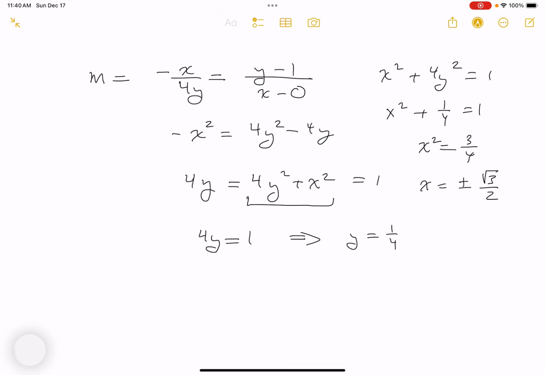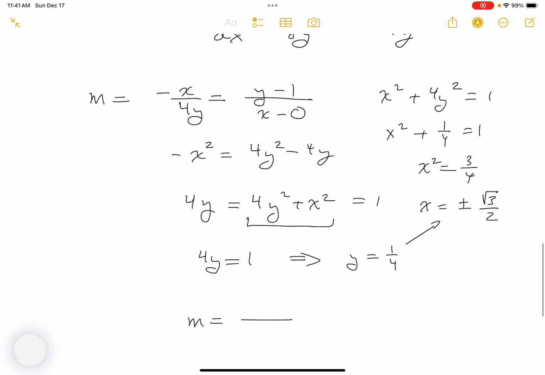Now someone says, what's the question? The question is, what's m squared? Well, let's write down m. And what's m going to be? Certainly, if y is 1/4, the x could be those two numbers over there. So what's m? Let's go through that again. I'm going to use this formula here.